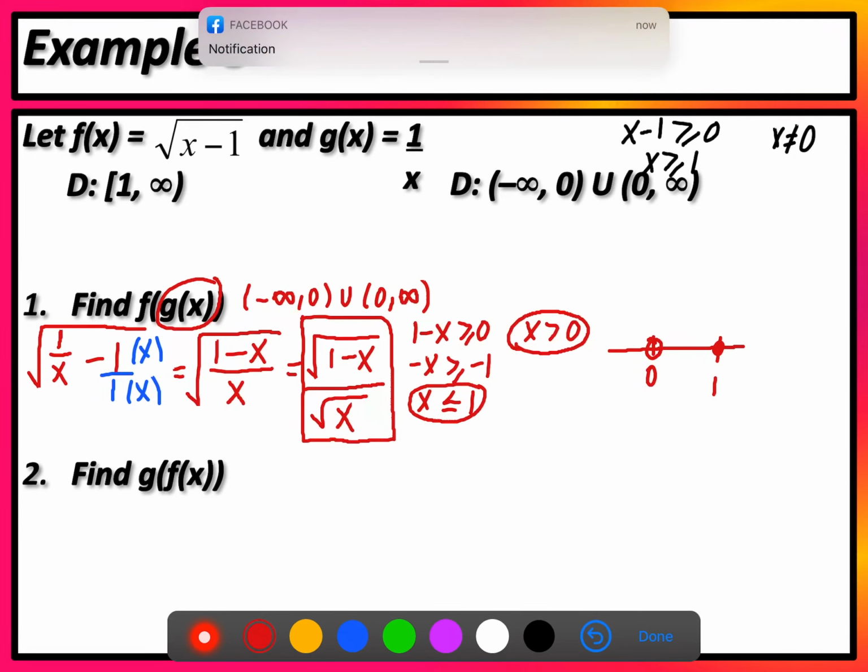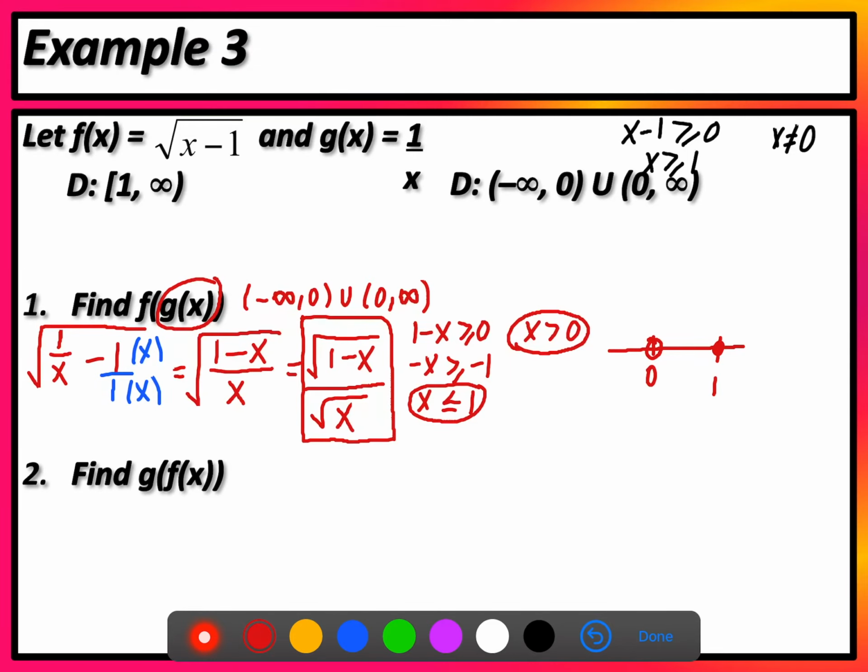So if we have to be greater than 0 and less than or equal to 1, where do we satisfy both of these?